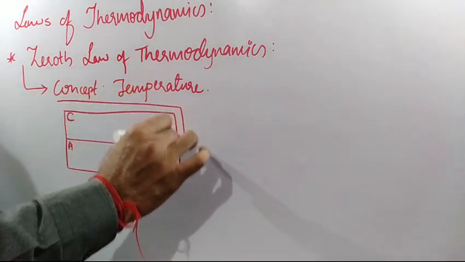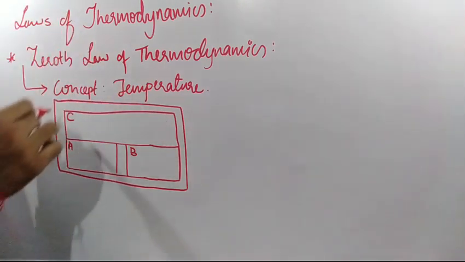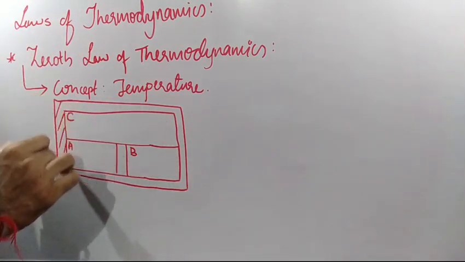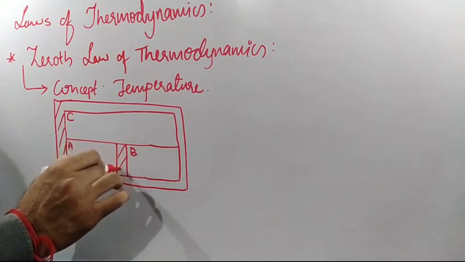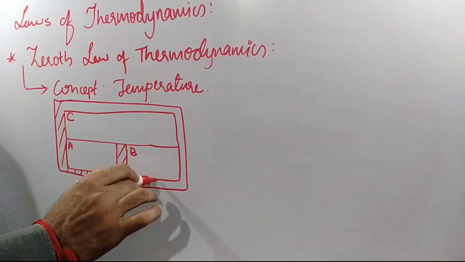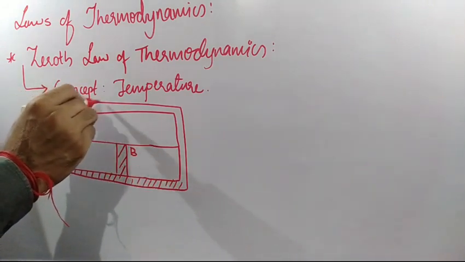Here also adiabatic, adiabatic, adiabatic. These are all adiabatic walls: non-conducting walls, or insulated walls, whatever you want to call them.